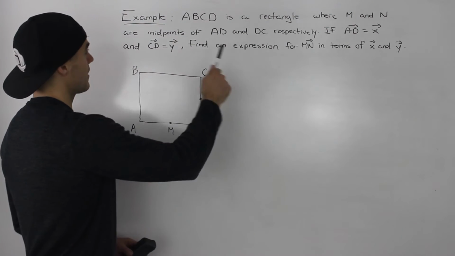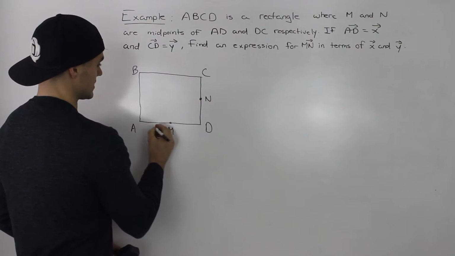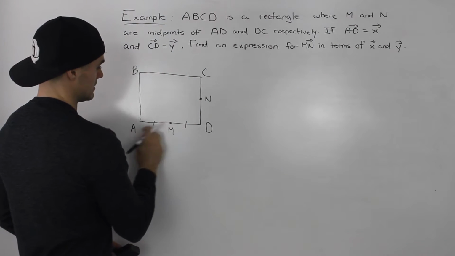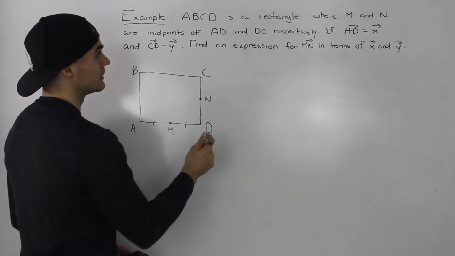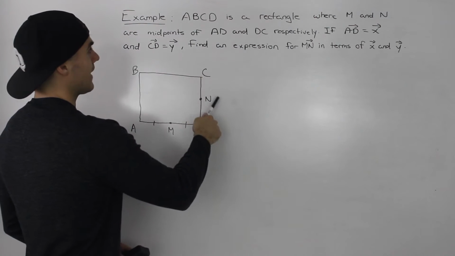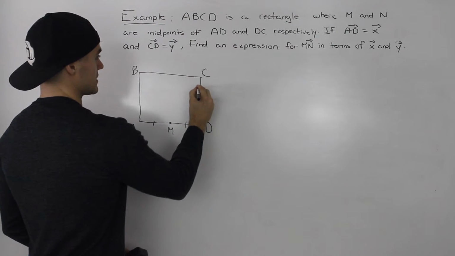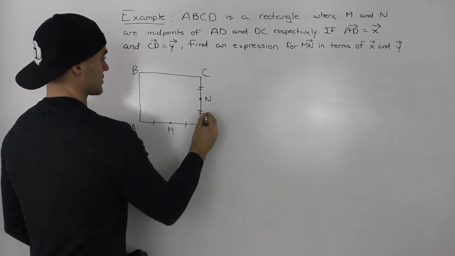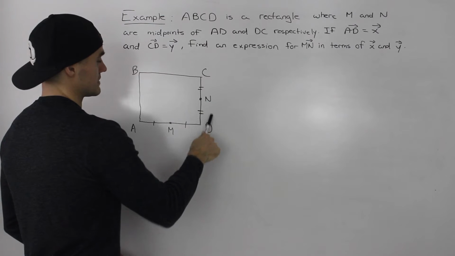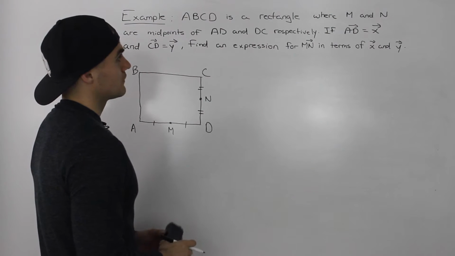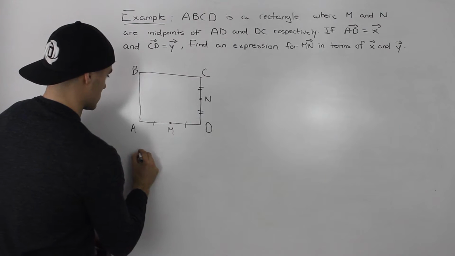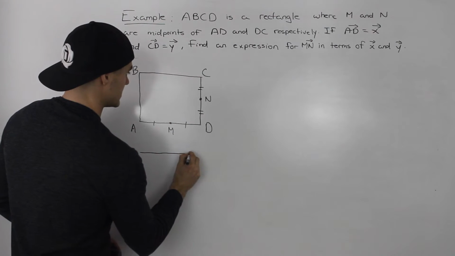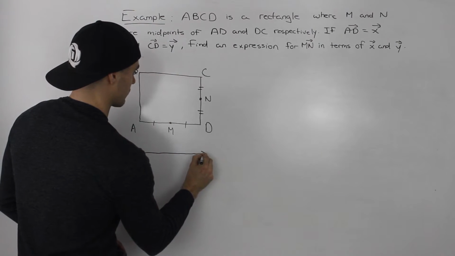M is the midpoint of AD, so we know that these two lengths, AM and MD, are equal. And N is the midpoint of DC, so these two lengths, CN and ND, are equal as well. Then we're given that vector AD is equal to X, so let's draw AD here just for reference.